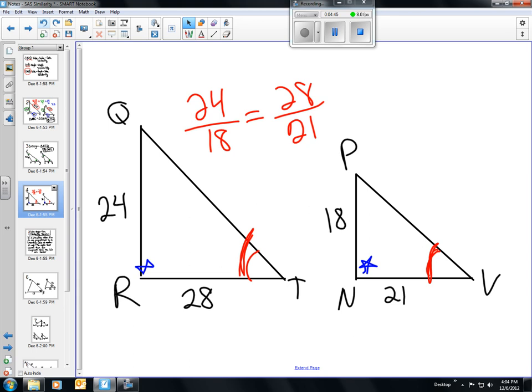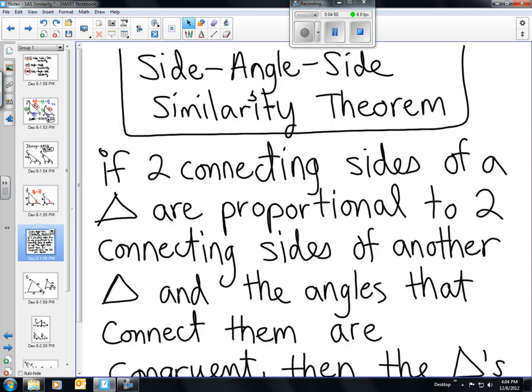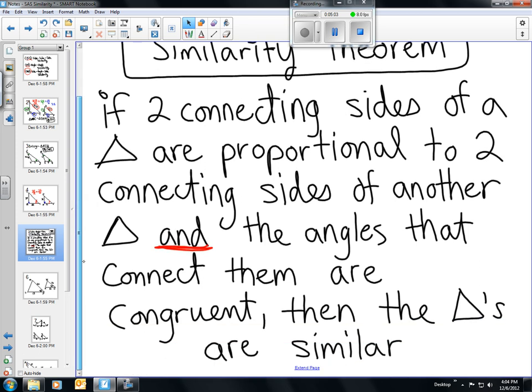So in written words, the side angle side theorem for triangles would be this: if two connecting sides of a triangle are proportional to two connecting sides of another triangle, and the angles that connect them are congruent, then the triangles are similar.